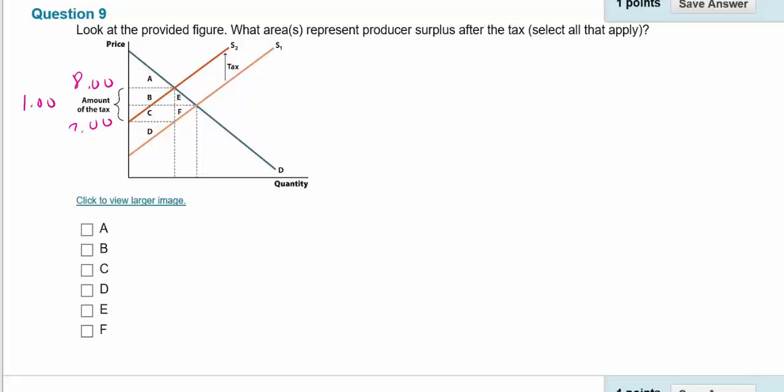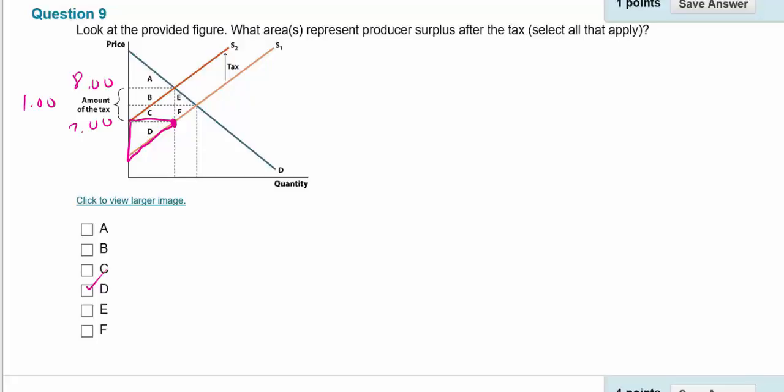They're still supplying the first supply curve, and so the price they're receiving is $7. Well, everything under $7 but above the supply curve is going to be the producer surplus. So it's this area here. D is the producer surplus.